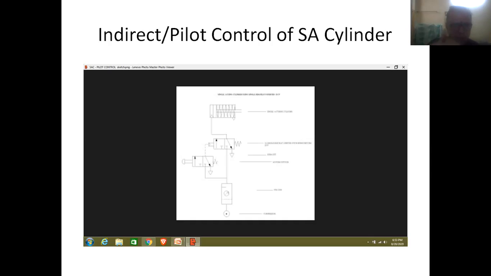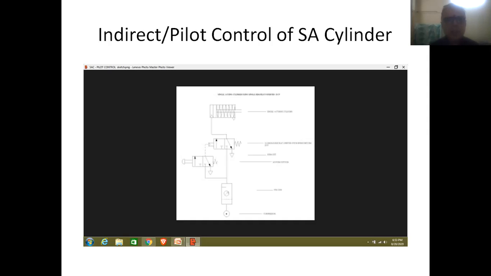So if not directly, indirectly, this pilot valve is ultimately used for controlling the operation of the cylinder. Therefore, it is called indirect control of the cylinder, and since we are using a pilot valve for this control, it is also referred to as pilot control of the cylinder.